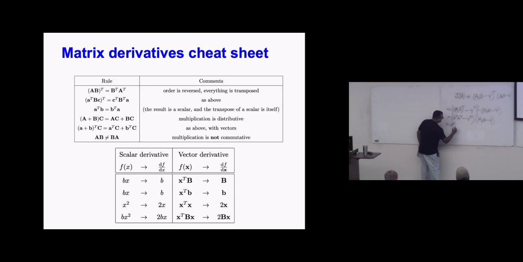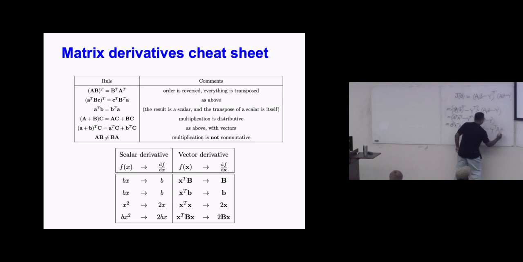The first one, beta transpose A transpose A beta. The second term, beta transpose A transpose Y. The third term, Y transpose A beta. And the fourth term is Y transpose Y. Just multiplying.